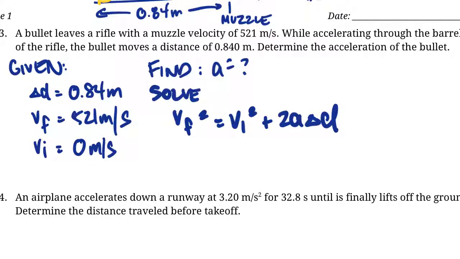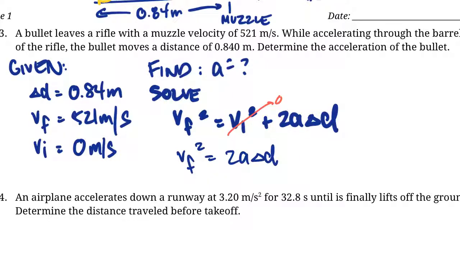Anyways, in order to solve this, let's try to solve for a. Let's try to get a by itself. Before we do this, though, realize that Vi is going to be 0. So this Vi squared term just goes away. That makes our calculations a lot easier. So Vf squared is 2a delta d.